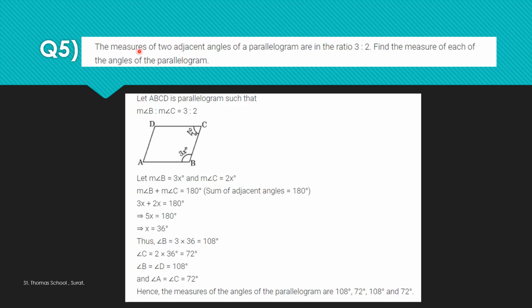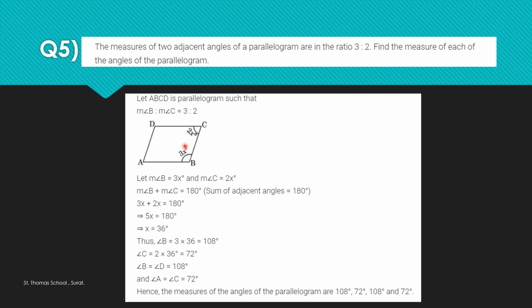Question number 5. The measures of two adjacent angles of a parallelogram are in the ratio 3:2. Find the measures of each of the angles of the parallelogram. So, let ABCD be a parallelogram such that the ratio is given for adjacent angles.